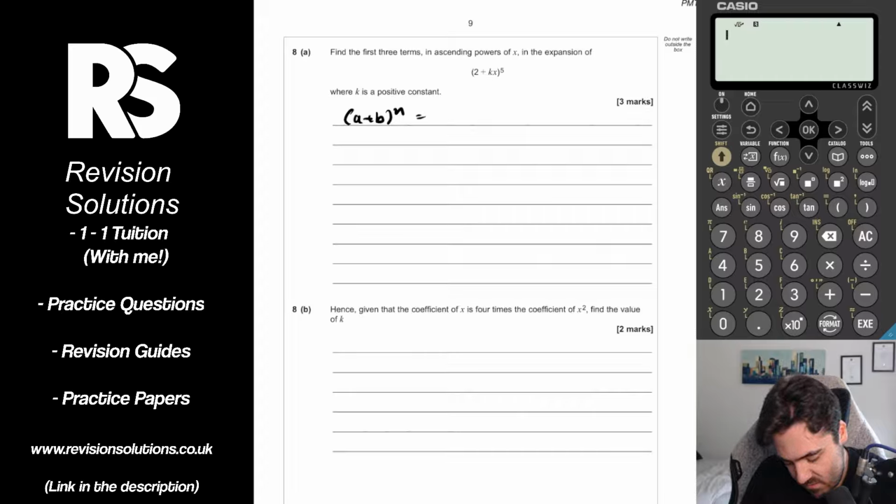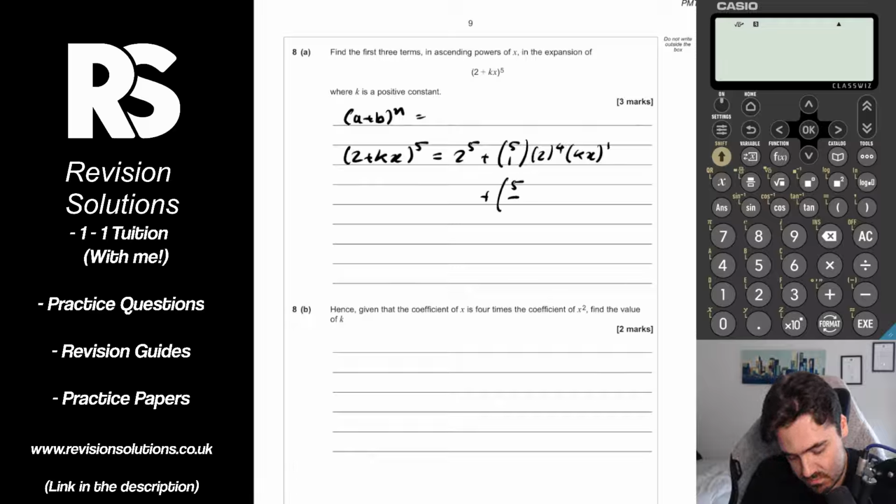So writing that out, for 2 plus kx to the 5, we're going to get 2 to the 5 plus 5 choose 1 times 2 to the 4 times kx to the 1. And then we'll have 5 choose 2, and 2 cubed, and then kx all squared.